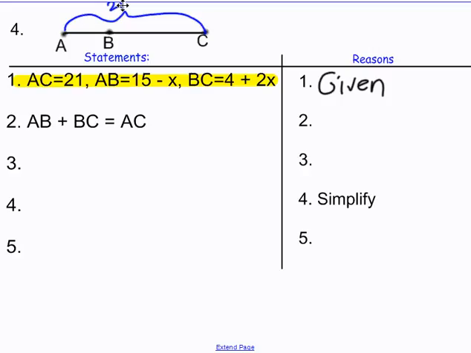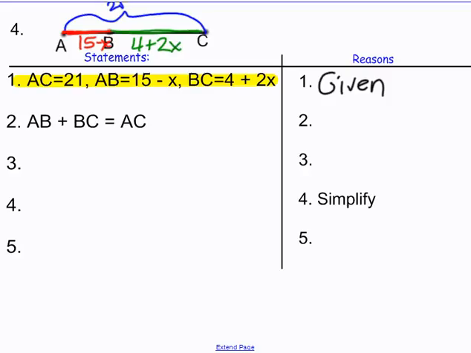And then we say, okay, AB is 15. AB is right here. That's 15 minus x. BC, right here, is 4 plus 2x. Okay.